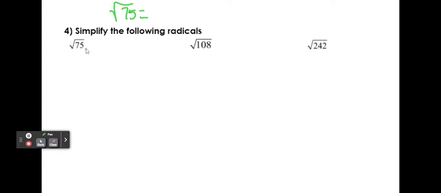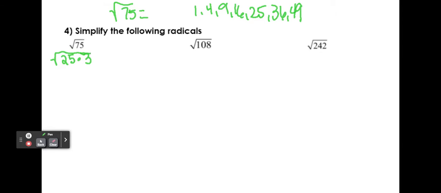So for its simplest form, there were 2 ways I taught you this. The first way was to list the perfect squares: 1, 4, 9, 16, 25, 36, 49, and see if any of these were factors of 75. And I know, looking at this list, that 25 is a factor of 75. So I broke it up into 25 times 3.